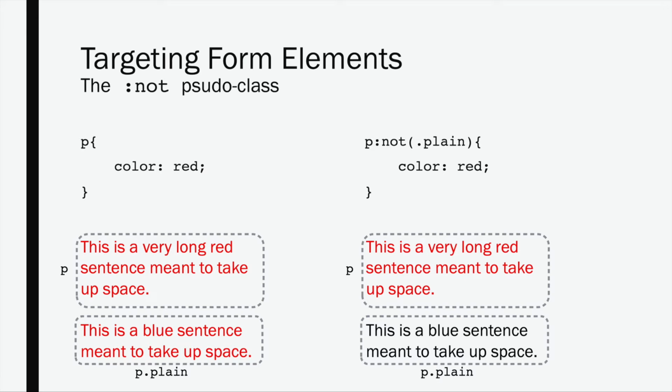So the example, the P class plain at the bottom does not have the same coloration as the top one because the top one does not have a class of plain. Easy, right? Chances are, if you are confused, look at the Code with Me videos to take a look at an example so you can see how this can be used in a more useful environment.